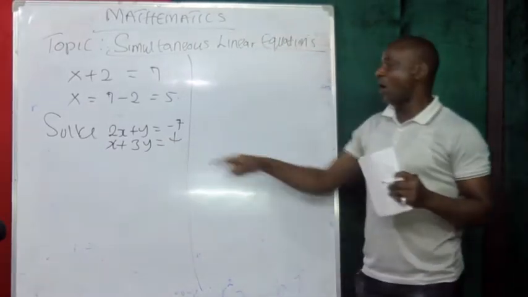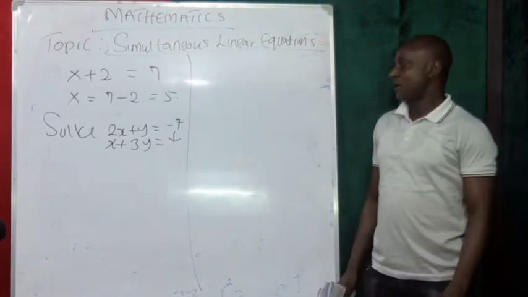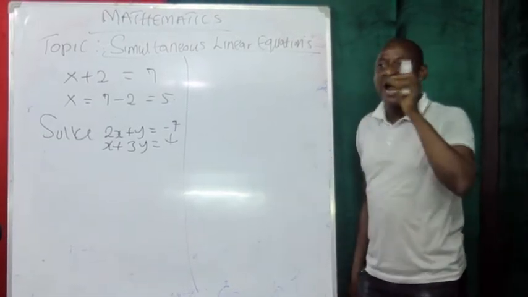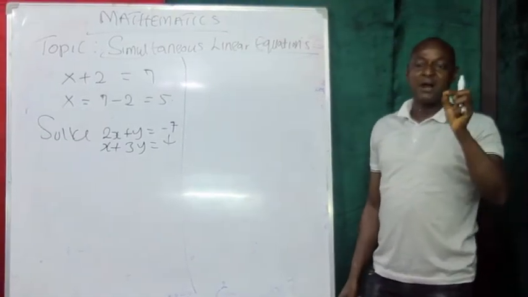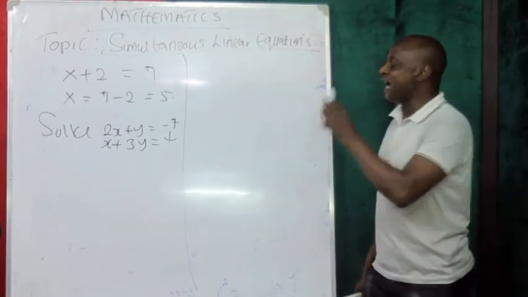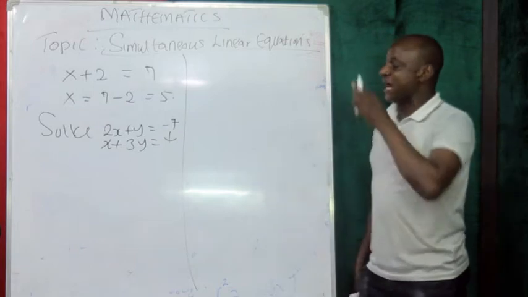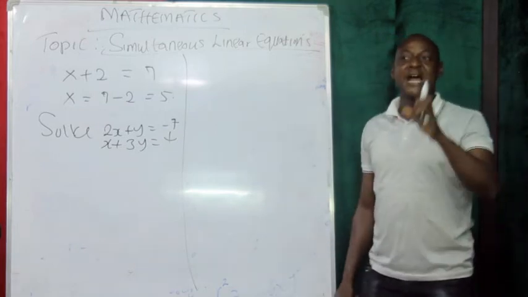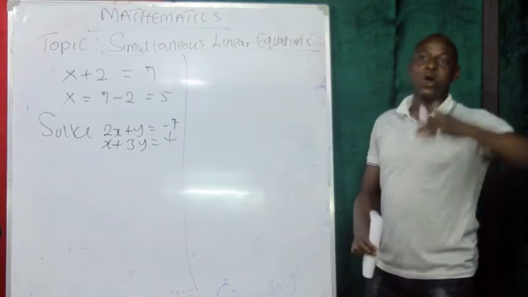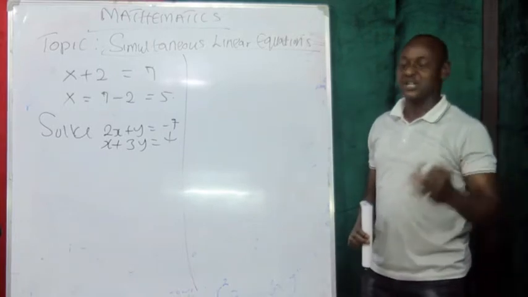This is what we call simultaneous linear equation. Why is it linear? The highest power of each variable there is 1. If the highest power of each variable exceeds 1, it's no longer a linear equation. It may be a quadratic equation or cubic equation, etc.